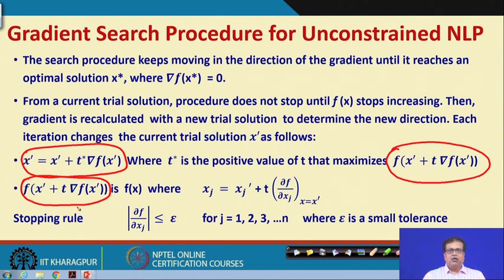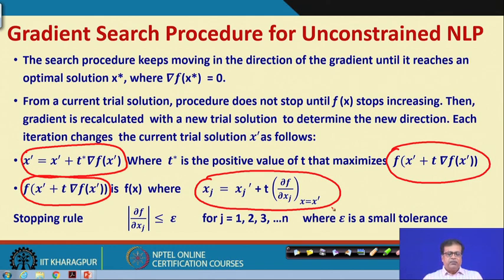So, x is not one variable, it is a number of variables. So, where the individual values x_j are x_j equal to x_j dash plus t times del f by del x_j at x equal to x dash.